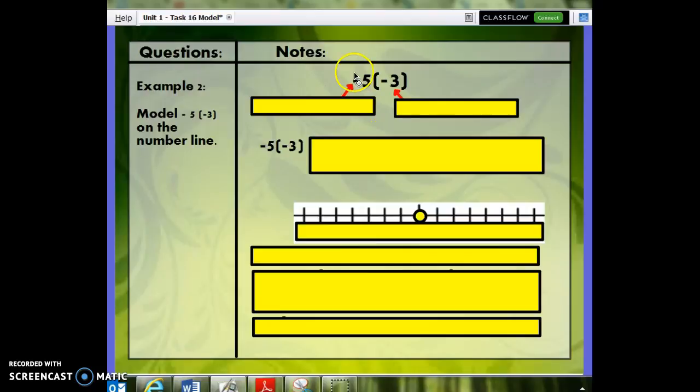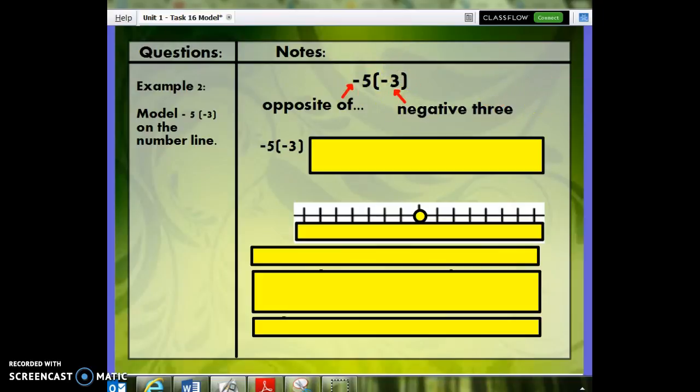So when I have 2 negatives, like in this example here, negative 5 times negative 3, this symbol right here we think of as negative, but this symbol right here, we're going to treat it as the word opposite. So here we're saying the opposite of 5 groups of negative 3.